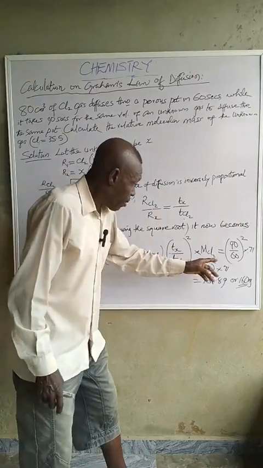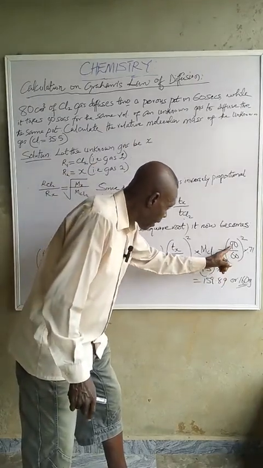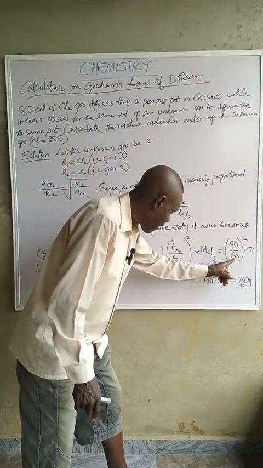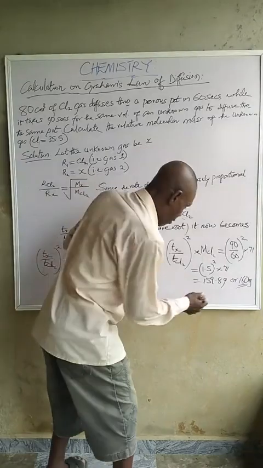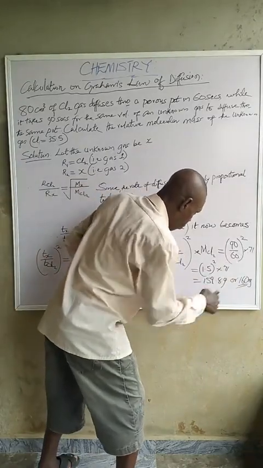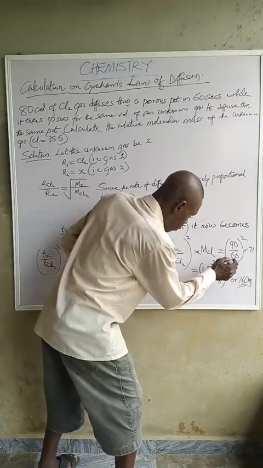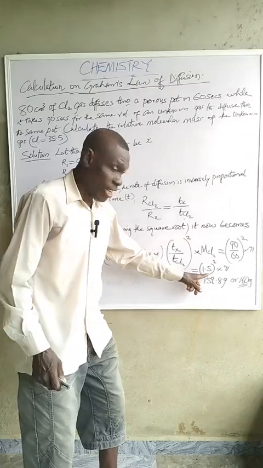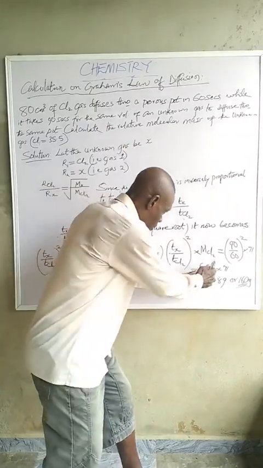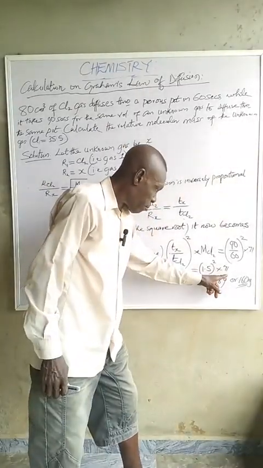So when you have divided 90 by 60, you will have 1.5. That 1.5 is squared times 71.